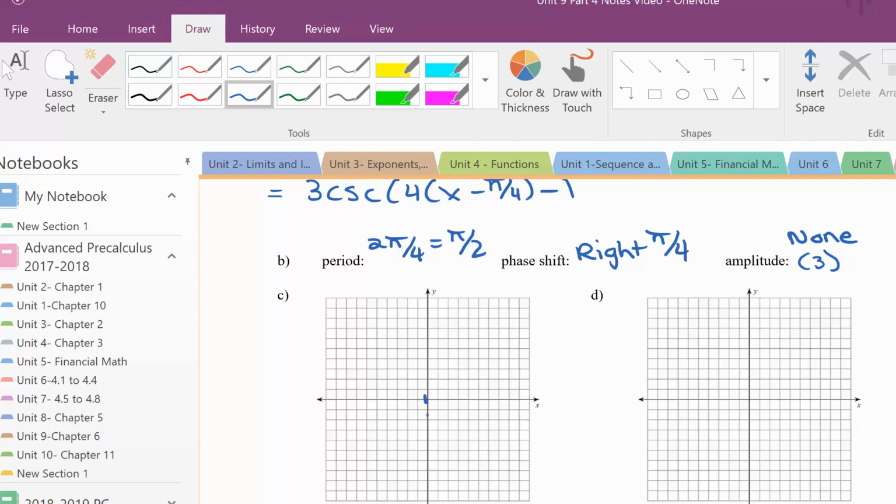So if we start at 0 and say this is pi over 4, and then pi over 2, and then 3 pi over 4, just to say we went by pi over 4. But notice you'll have an asymptote at 0, an asymptote at pi over 4, and an asymptote at pi over 2. Actually, I could have spaced that out a little better, but we'll make it work.